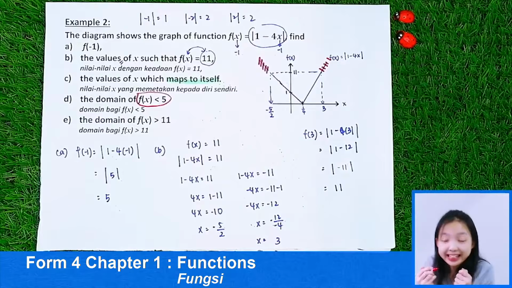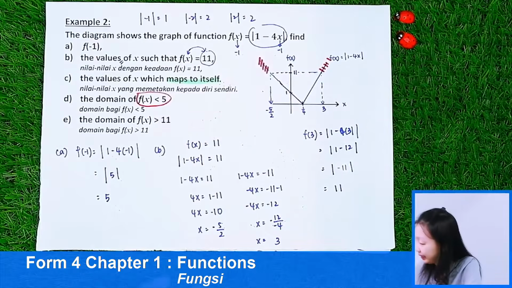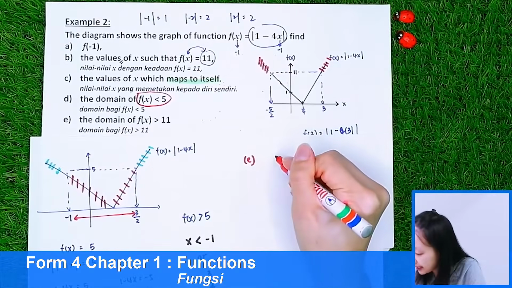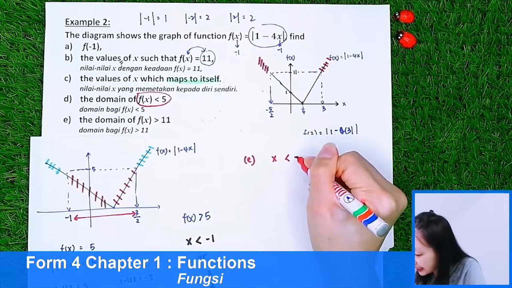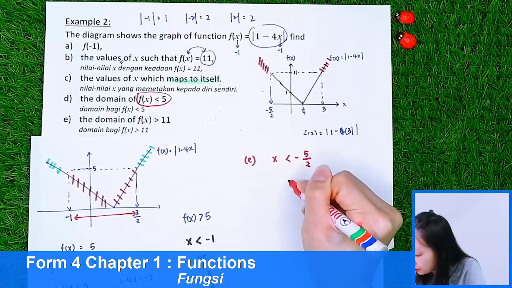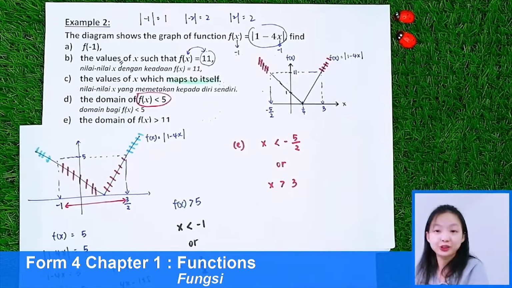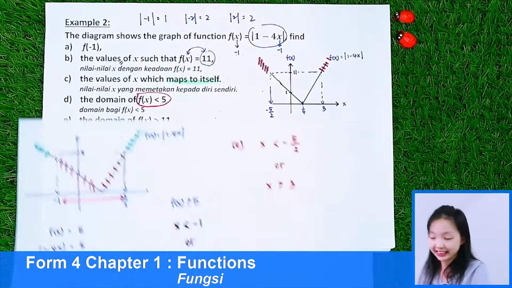So what will be your answer? My answer for part E will be x smaller than negative 5 over 2, or x greater than 3. This is my final answer.